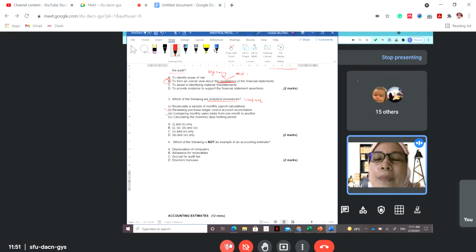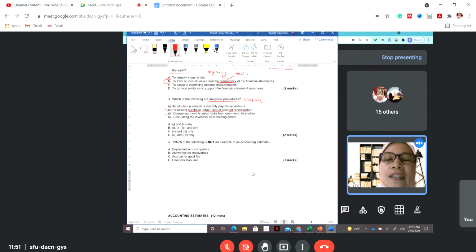So this is dah pergi substantive test. Detail test. Okay, recalculate. Review purchase ledger control account reconciliation. So bila you buat reviewing, so is it analytical procedure? You review sama ada dia buat reconciliation ataupun tak.